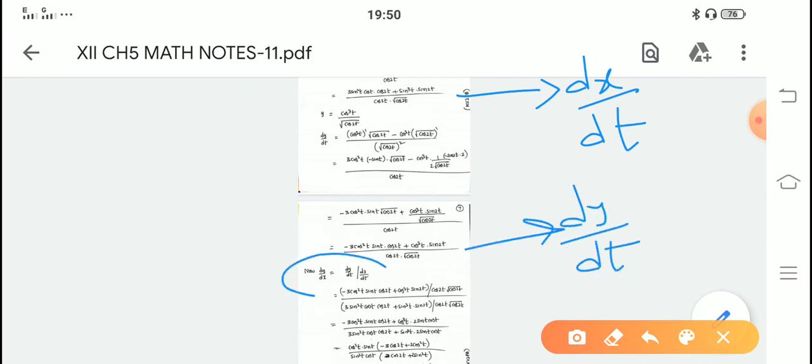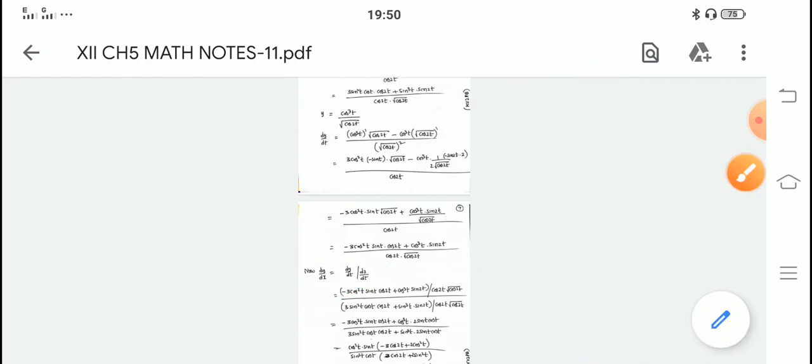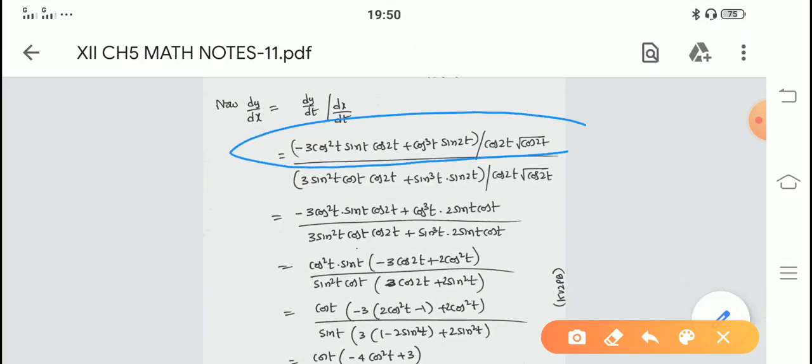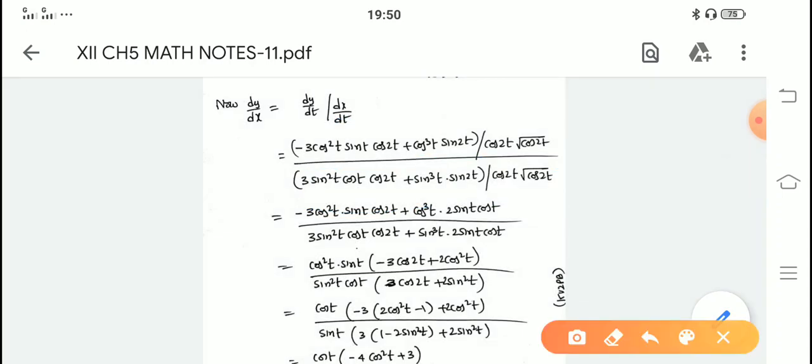So the dy by dx formula is dy by dt by dx by dt. I am substituting those two here, so the denominators of both of them are the same and cancel. So this will happen.